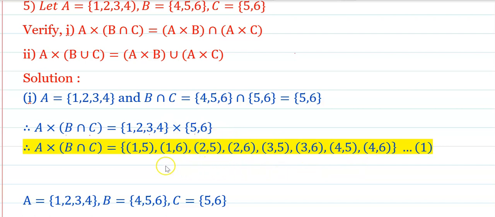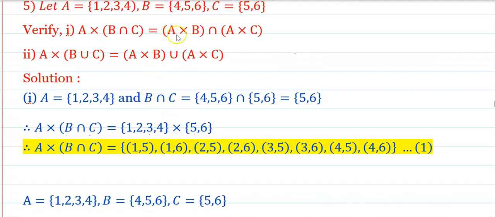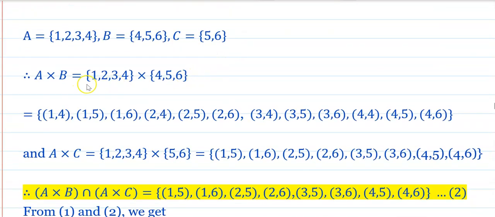Okay. Now next, we want to find out A cross B and then A cross C and their intersection. Now A cross B, A is {1, 2, 3, 4}, B is {4, 5, 6}: (1, 4), (1, 5), (1, 6), (2, 4), (2, 5), (2, 6), (3, 4), (3, 5), okay, and (3, 6).